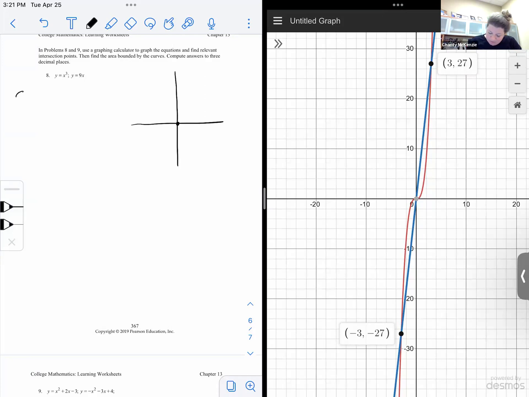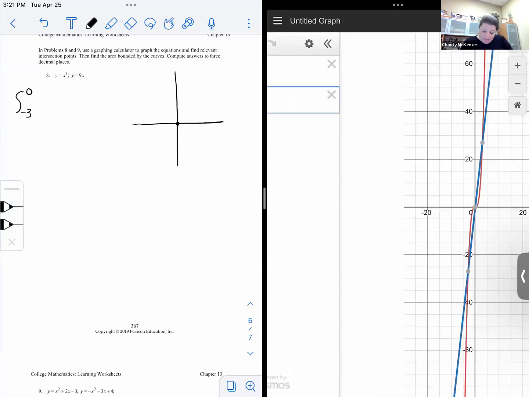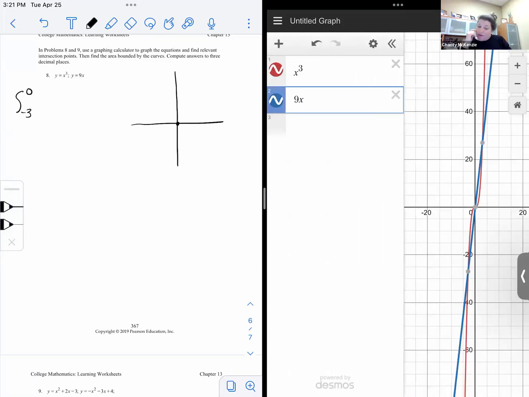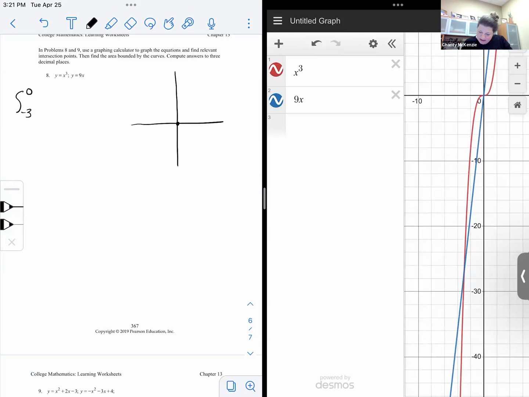So when we go to write this, our first one is going to go from -3 to 0, right? See that -3 to 0. And the function on top is red. Our red function is x to the third. We can see that the red function is above the blue.